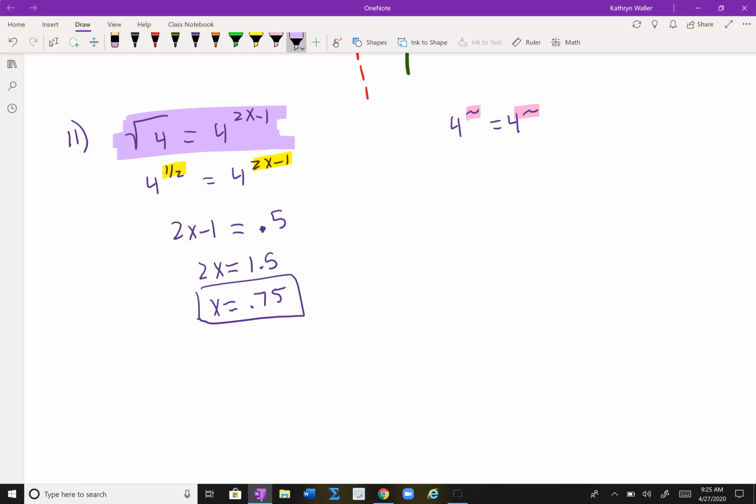Okay, on the left side, the square root of 4 is a 2. So if I plug in 0.75 right there and get a 2, I know I'm right. So if you have time to do this on the quiz or on the final, why wouldn't you? Okay, so go 4 to the parenthesis, 2 times 0.75 minus 1, close it, enter, and I got a 2. So I know I got that perfectly right.